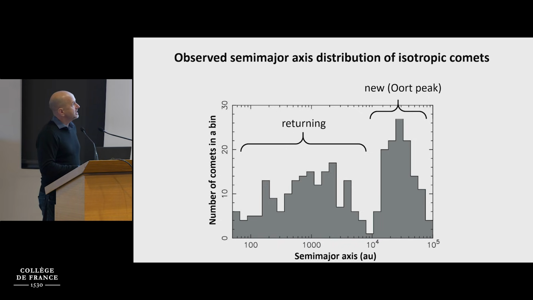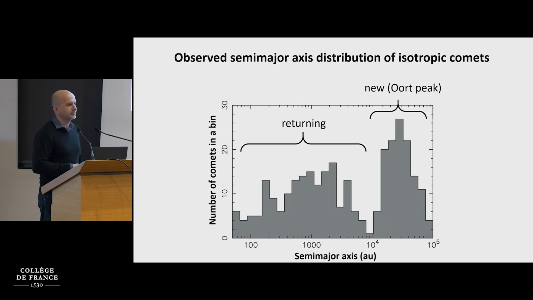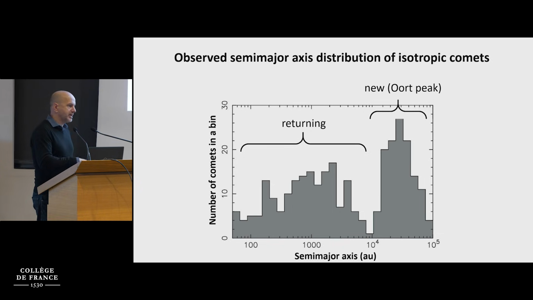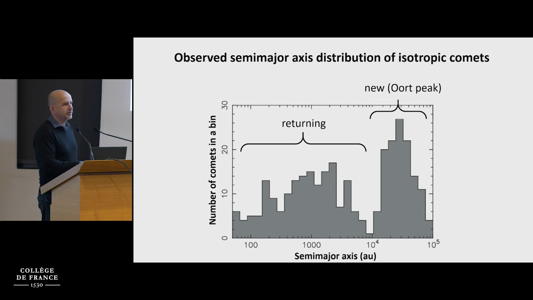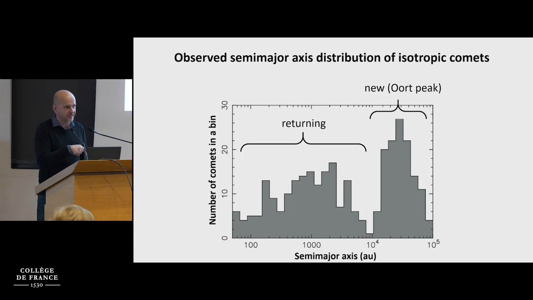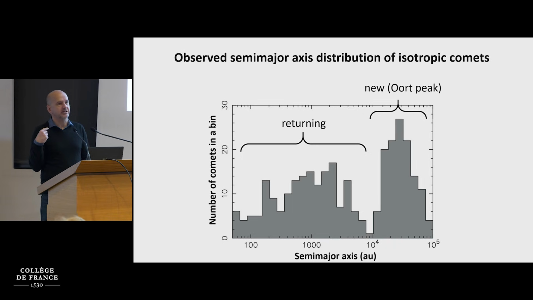So what is this? This peak, in fact, is made of comets that are evolving from the Oort cloud, but they had already a perihelion passage before the second one that we see. I didn't say it too well, but what it means is that if you take any comet in this population and integrate it backwards, you will see that that comet, in addition to the perihelion passage that it's having now, had another perihelion passage maybe 100 million years ago.